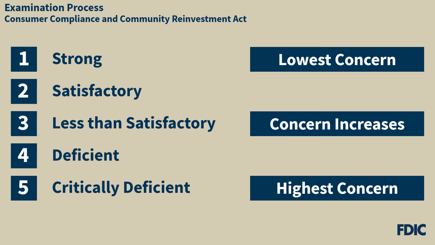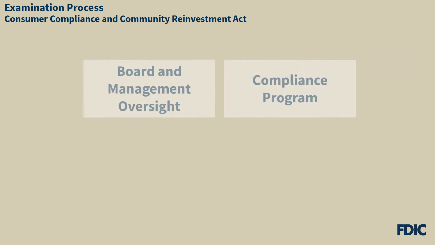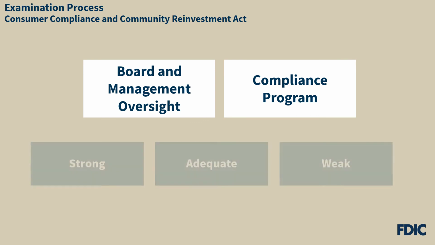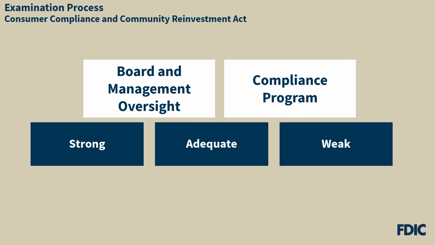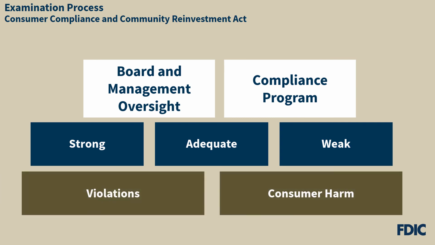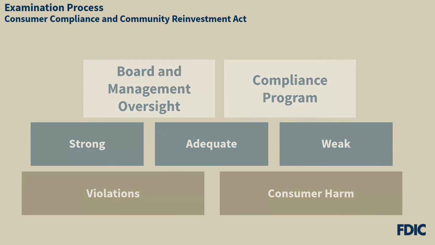This rating is partially based on findings and conclusions regarding the two components of the CMS. These two components are each assessed by examiners as strong, adequate, or weak. Any violations of law and/or consumer harm identified during the exam are also factored into a bank's compliance rating.